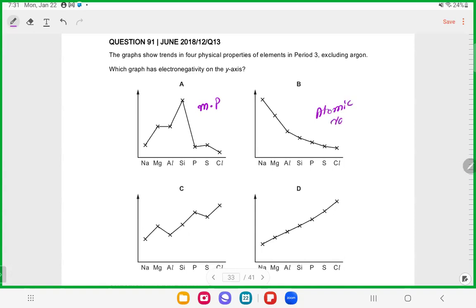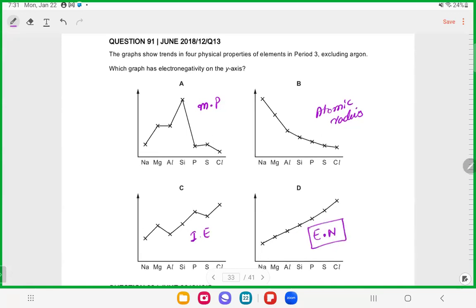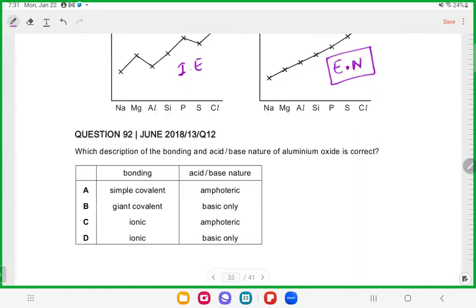Good. देखो मेरी कोशिश ये है कि इस क्लास में आपको याद हो जाए ये सारे ग्राफ बिकॉज एग्जामिनेशन वेटेज है इसकी अच्छी खासी. Ionization energy, especially the first ionization energy, and this one is basically क्या चीज है? Electronegativity increases from left to right and it decreases down the group.